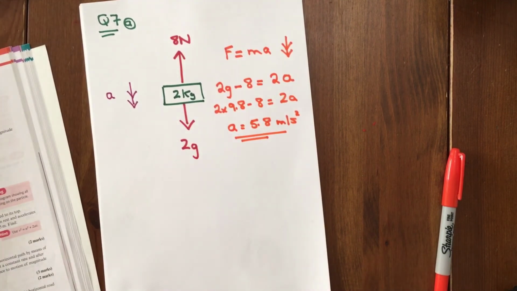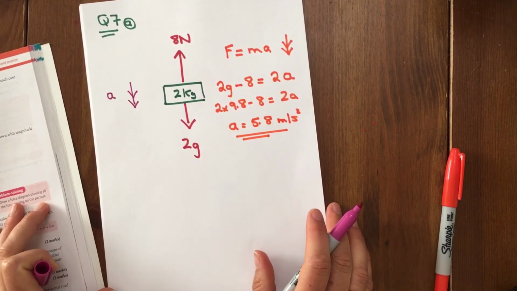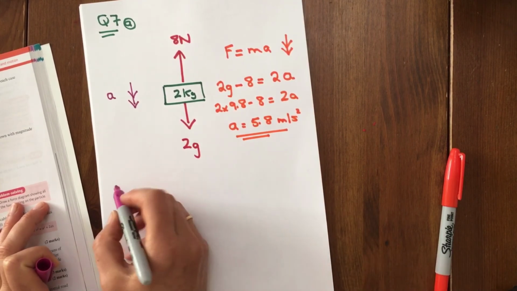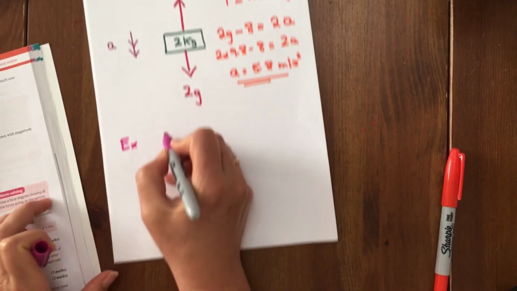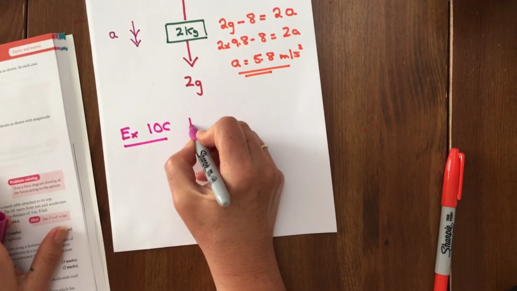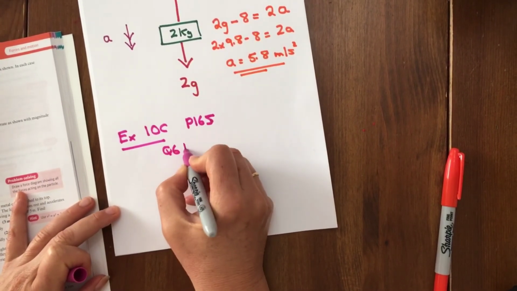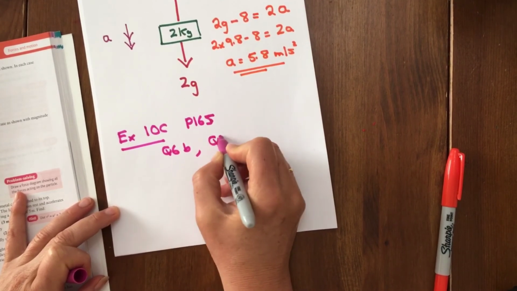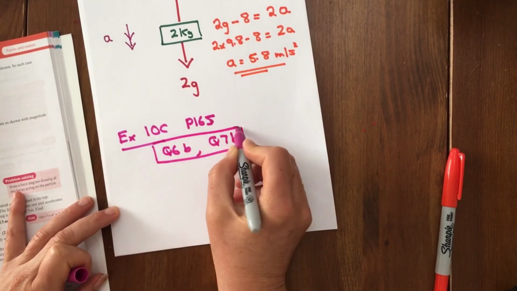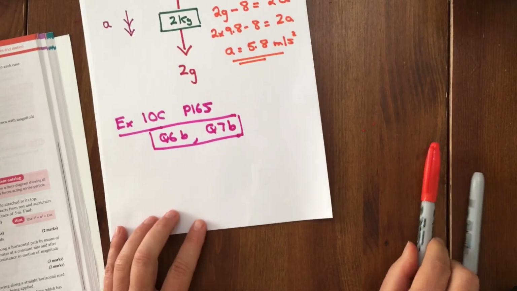So what I would like you to do, please, in fact, I'm only going to ask you to do exercise 10c, please can you do, this is on page 165, I'd like you to do question 6b and question 7b. I'm only going to get you to do those 2 questions because it's fundamental that you completely understand this before I go on to the harder work.